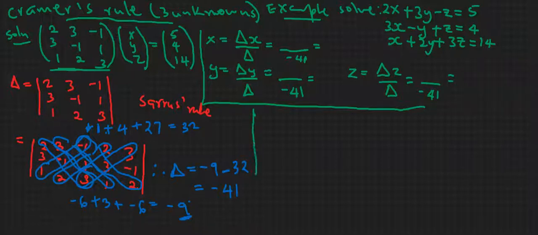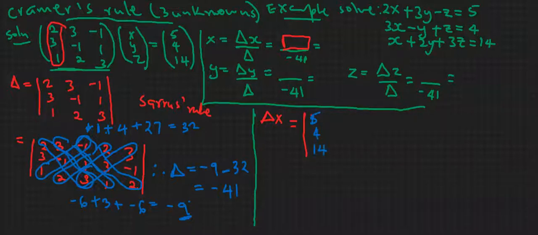So next, we find the determinant with respect to x, so that we get to see what this value is. For the determinant with respect to x, we need to replace the coefficients of x with the constants. And the constants are 5, 4, and 14.